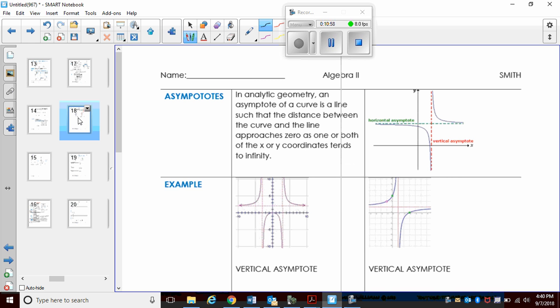For the asymptotes, and just basically in analytic geometry, that's a big word. Analytic geometry. That's basically going to be a part of every math class you take going forward. So asymptotes are, the way it's described here, this line.